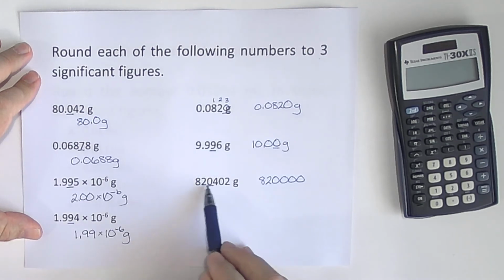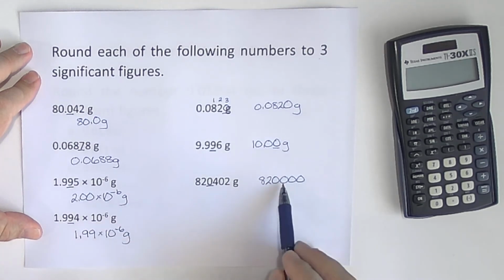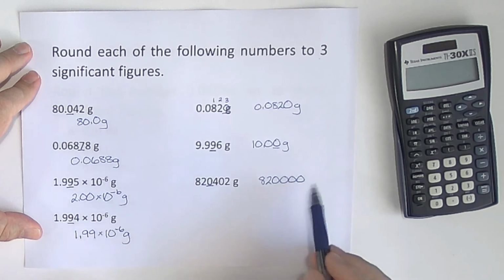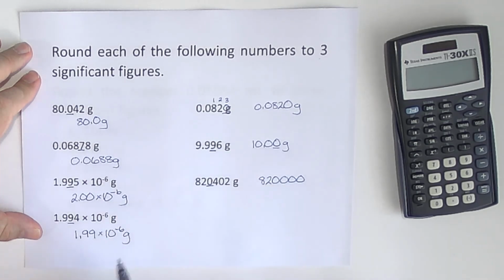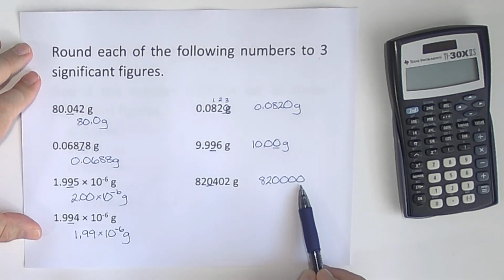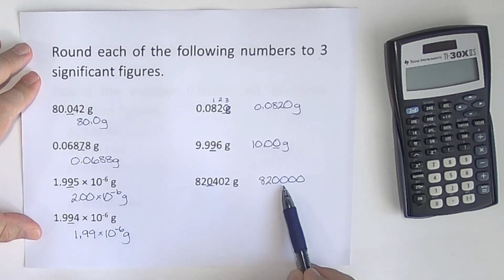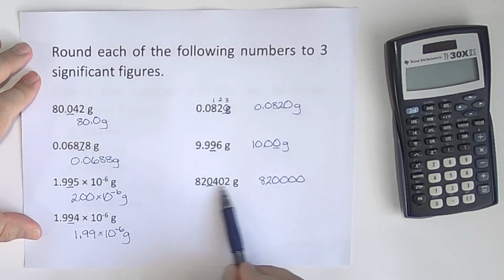Here, this is about 820,000. We need these trailing zeros here to keep it as 820,000 and not reduce it to 820. And this is why when you don't have a decimal point, trailing zeros aren't significant, because you can't be sure they're written to describe the precision of the measurement instead of to just keep the decimal point in the right place. So 820,000. Replace these digits you're dropping with zeros if they're before the decimal point.